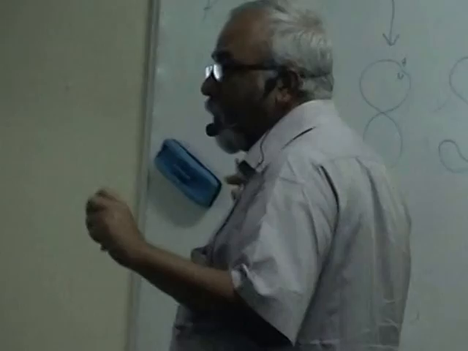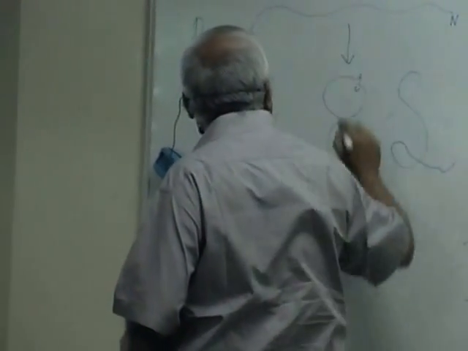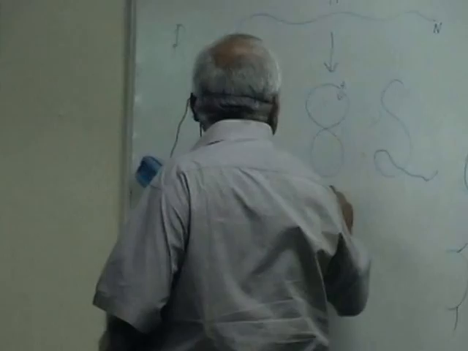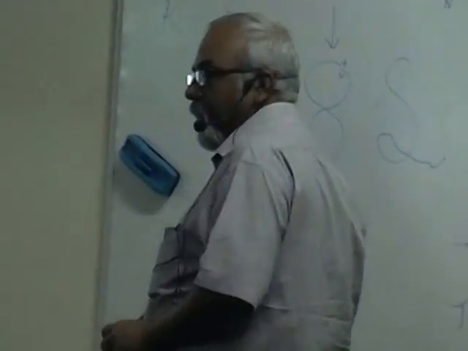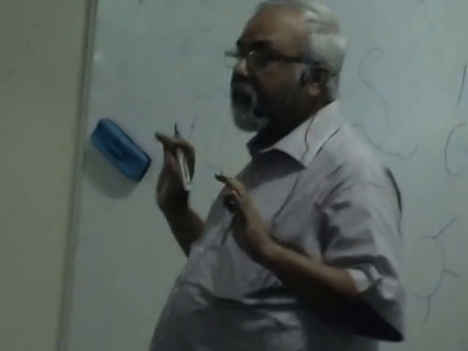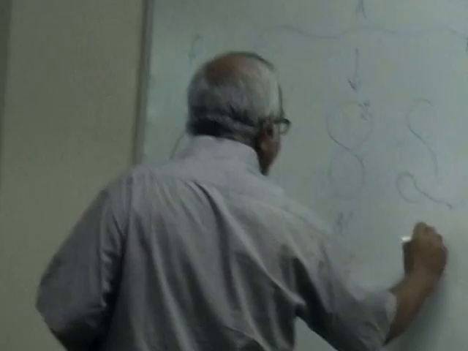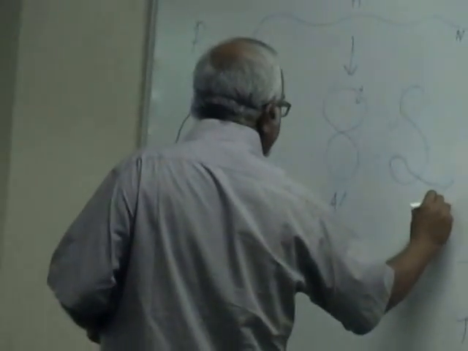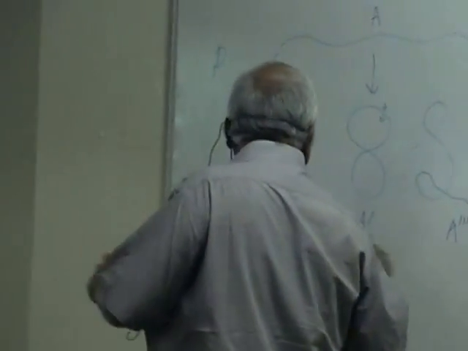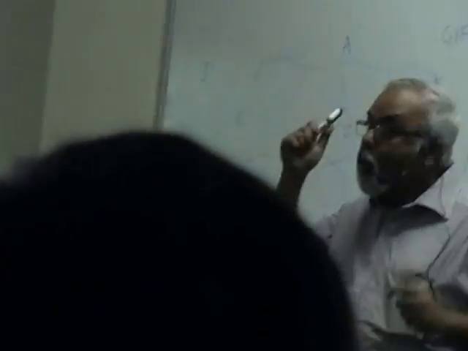Then I am telling you, if this is protein A, then only A prime is active. And if this is A double prime and this is A triple prime, then A double prime and A triple prime are not active.